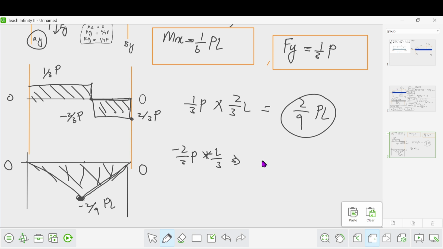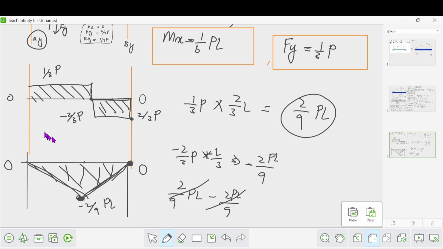So negative 2PL divided by 9, and negative 2PL divided by 9 will cancel out, it will become 0. This line will become 0, and this will become 2 divided by 9PL.